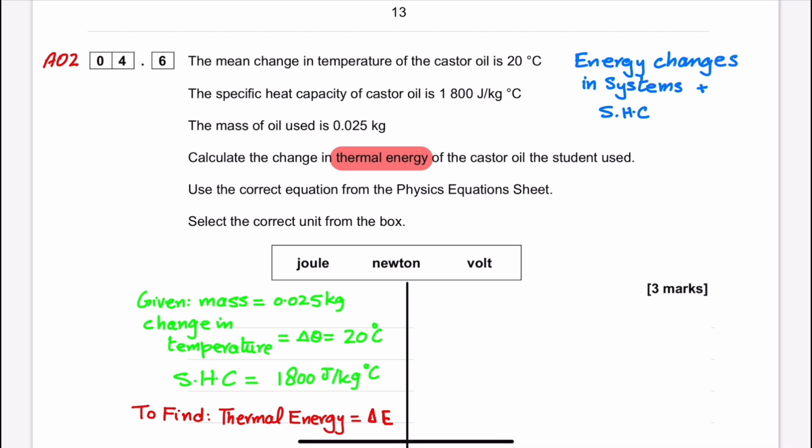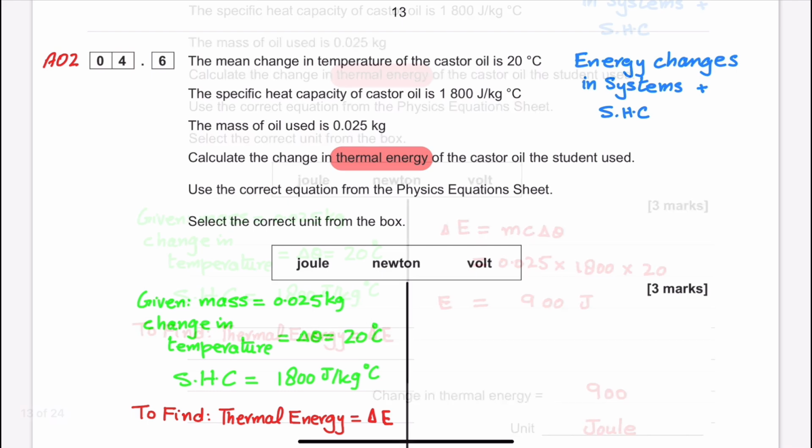The mass of the oil is already given, which is 0.025, already in kilograms. The temperature change is already mentioned in the question, that is 20 degrees Celsius. Whereas the specific heat capacity of the oil is 1800 joules per kilogram degree Celsius. The student needs to find the value of E. From the equation sheet, we can use the formula of specific heat capacity.